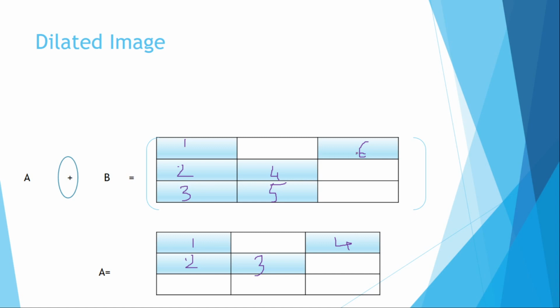So the application of this is that when I want to increase the size of an image, or I want to increase the size of any object, at that time I can go for the dilation operation.